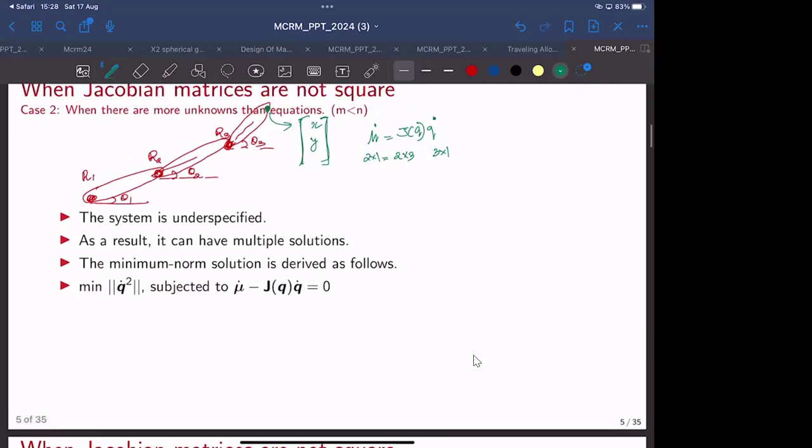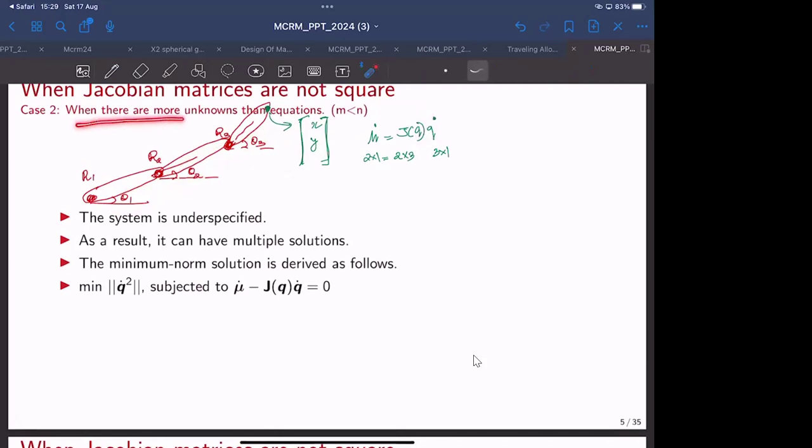So there are more number of unknowns than equations. In this case, your objective is for a desired x and y, what would be the inputs theta1 dot, theta2 dot, and theta3 dot. So Q dot would be the unknowns.